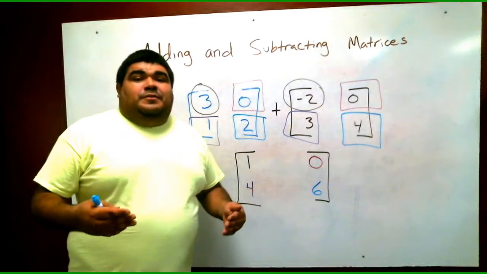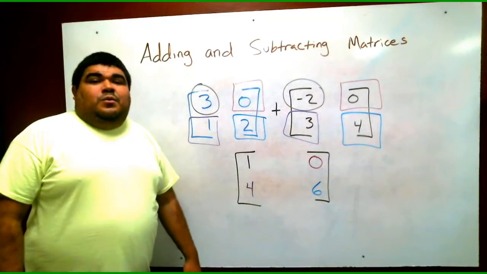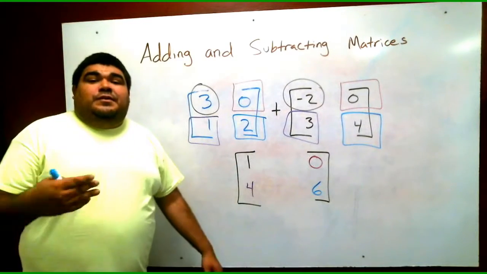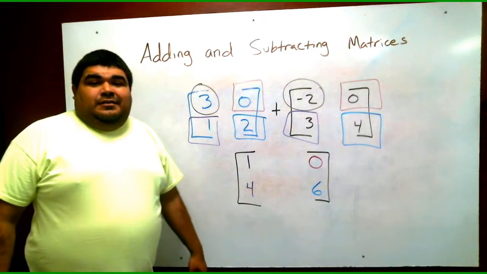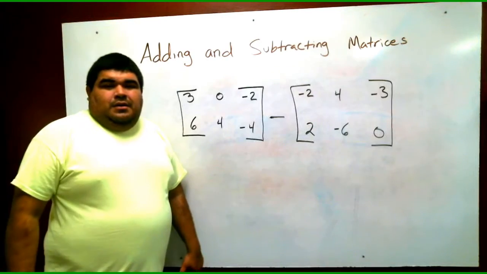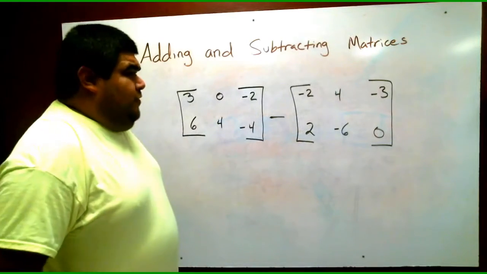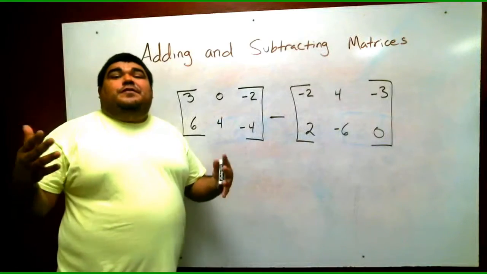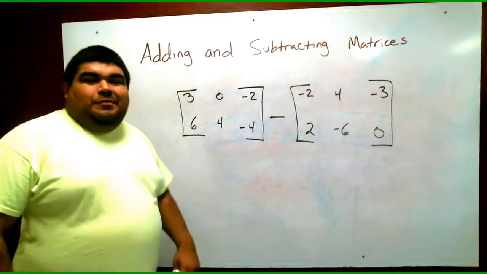Make sure you have all this written down. Once you're done writing it down, continue the video onto the subtraction matrices. All right, guys, so here's our next matrix. Notice that it's a little different than the other one, right? Let's see if you guys can name this one.